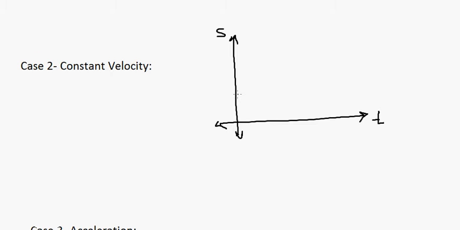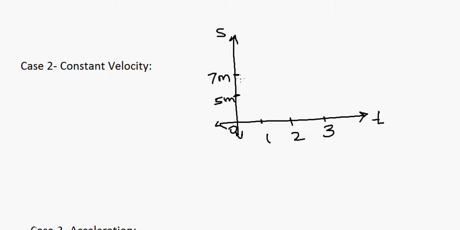So let's say I'm at 5 meters over here, and then I move to 7 meters, and for me to move from 5 meters to 7 meters, it took around, let's say, 3 seconds. So let's say this is 1 second, this is 2 seconds, this is 3 seconds.